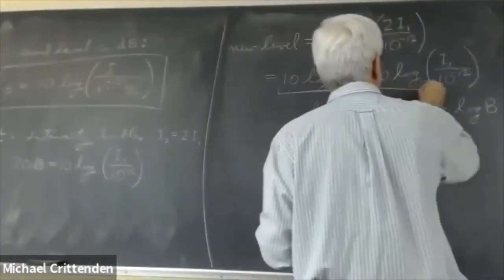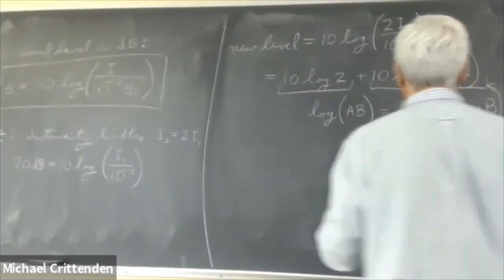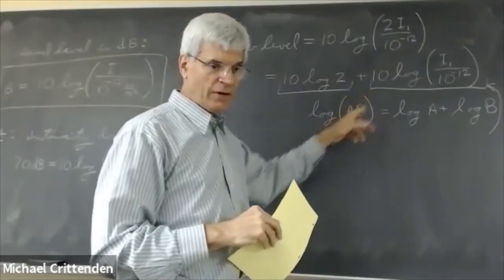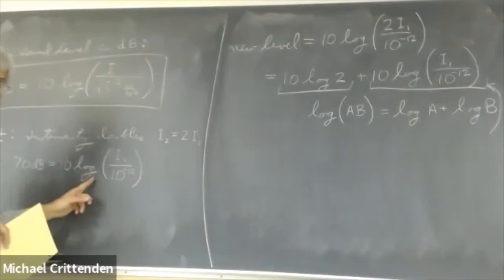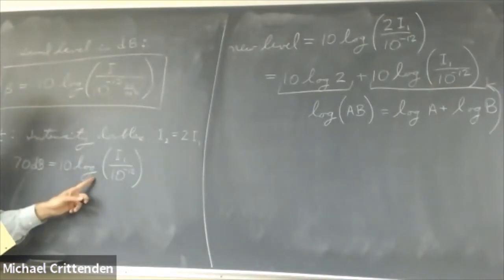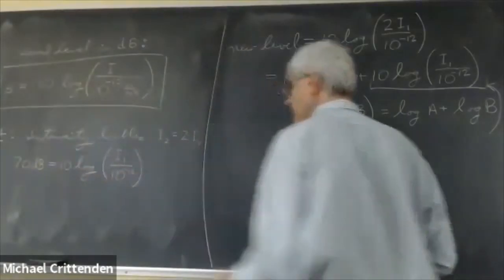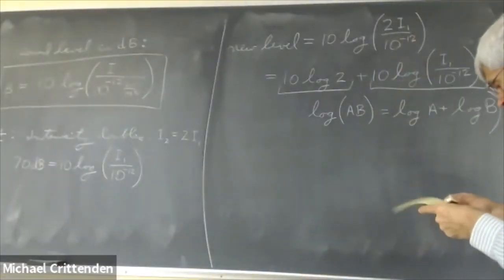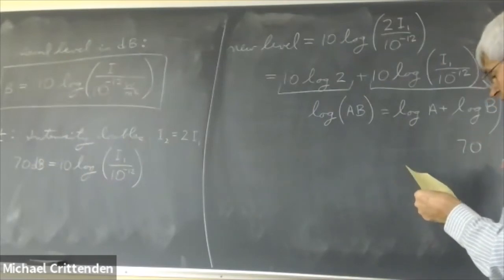The reason I wanted to divide things up like that is the second term maybe seems kind of familiar, because it's exactly what I wrote back over here. I've got a thing written over there on my left that says this is equal to 70 decibels.